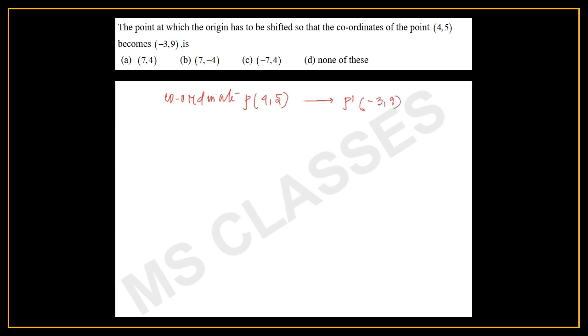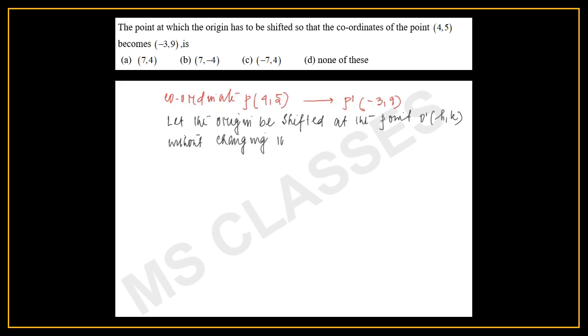So we consider that the origin is shifted to the point O prime, which is h comma k, without changing the direction of the coordinate axis.